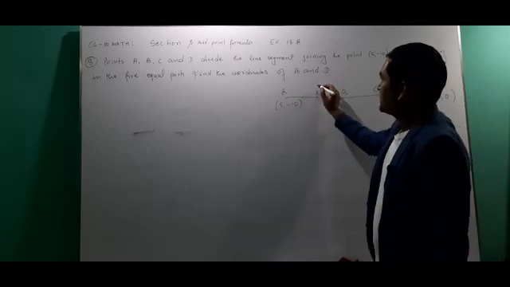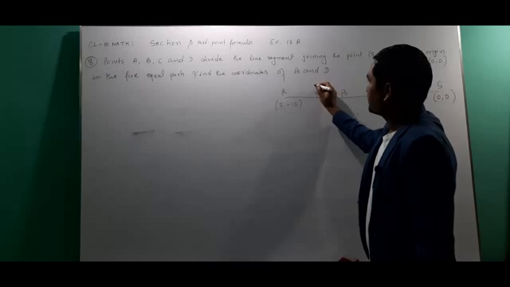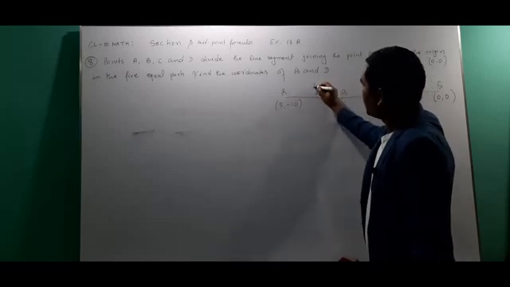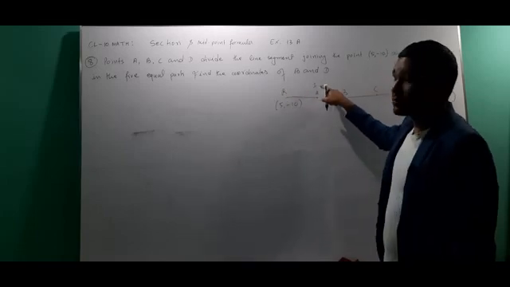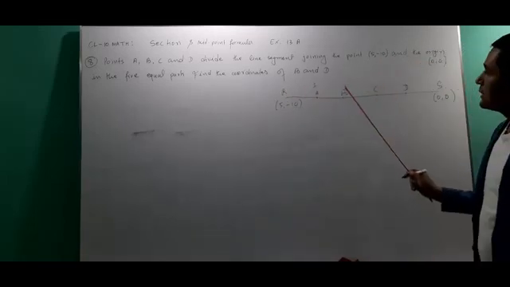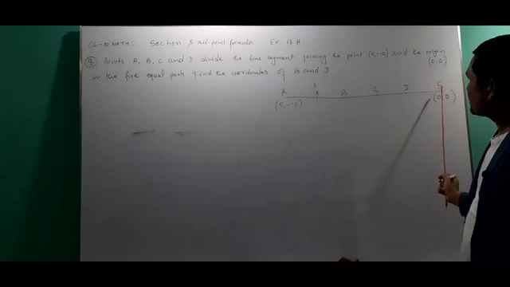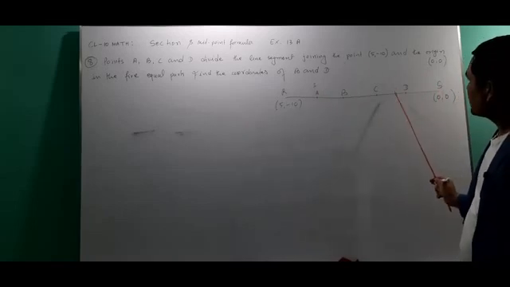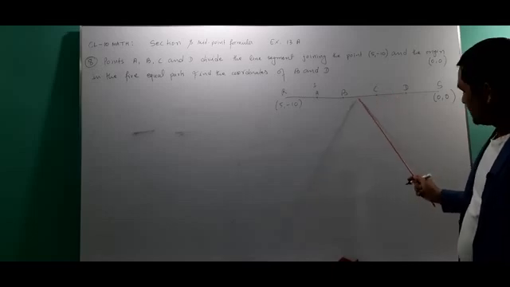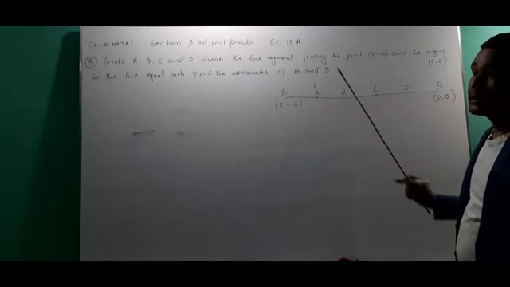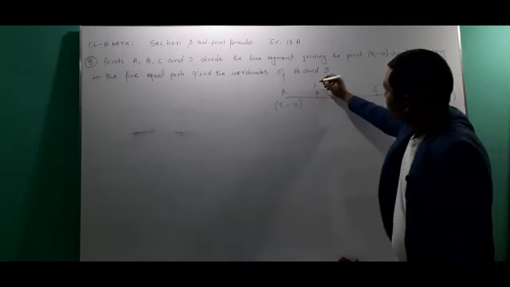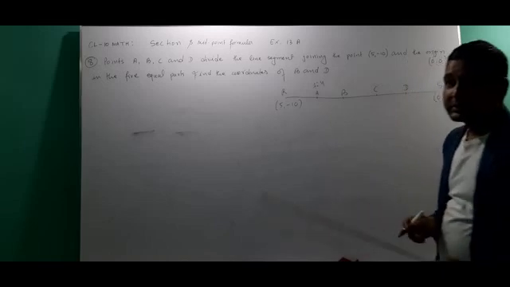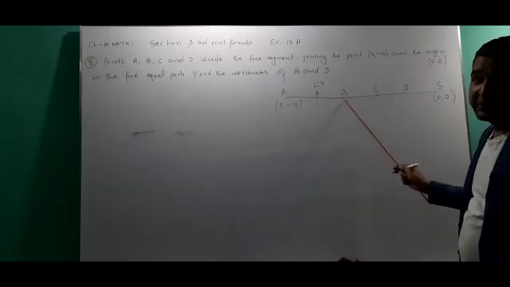That means R to A is 1. Then how many pieces are there from S to A? 1, 2, 3, 4. 4 pieces. That means this is 1:4.